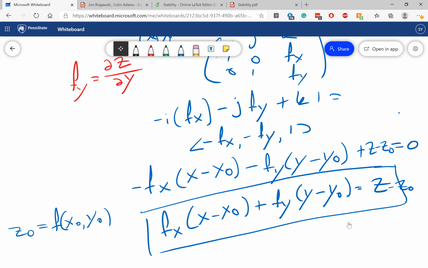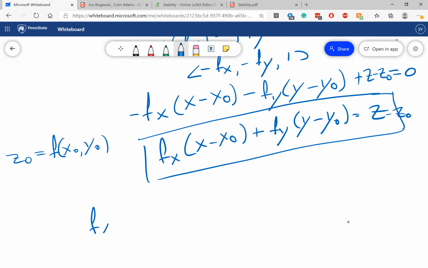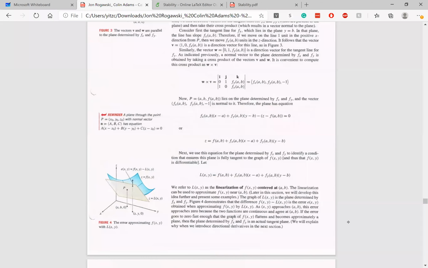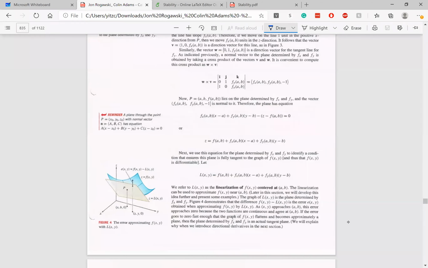So that would get us f with respect to x times x minus x0, plus f with respect to y times y minus y0, plus f of x0, y0 is equal to z. Okay. So again, that's this formula over here.